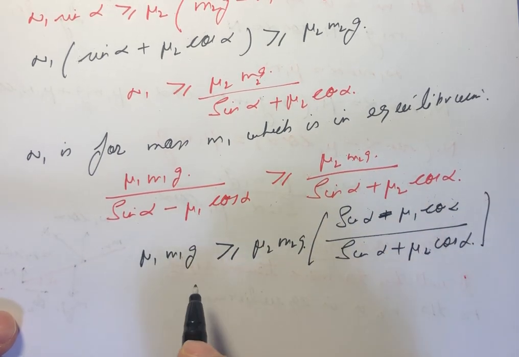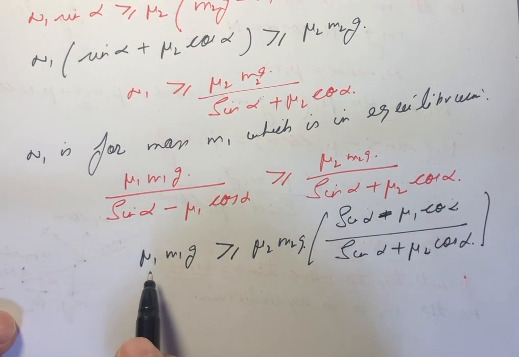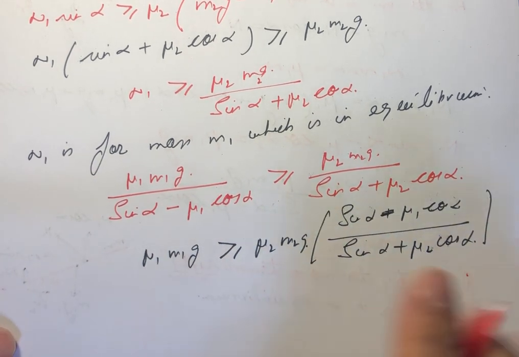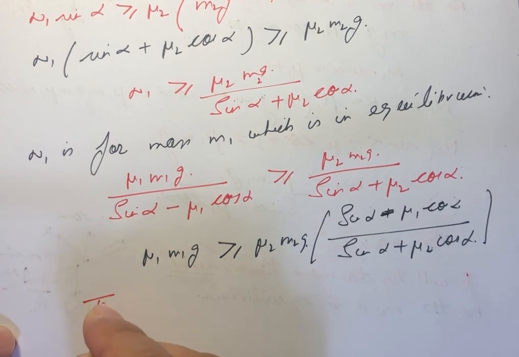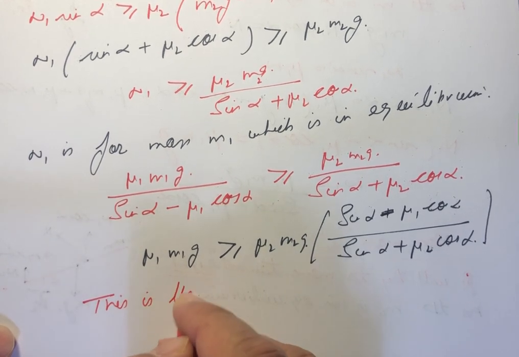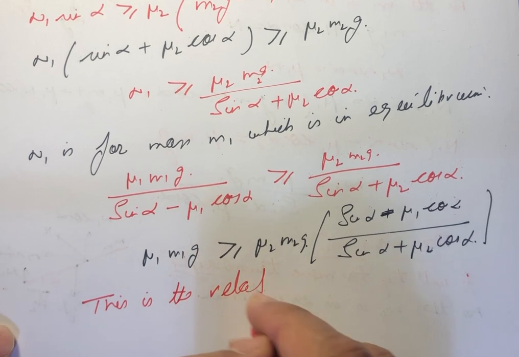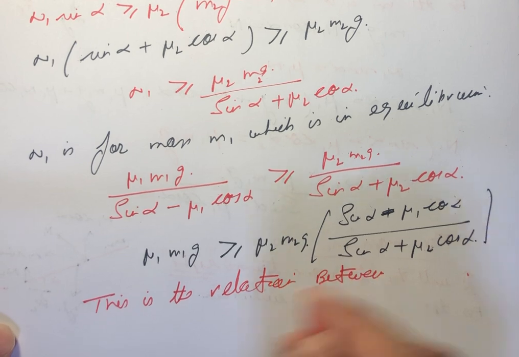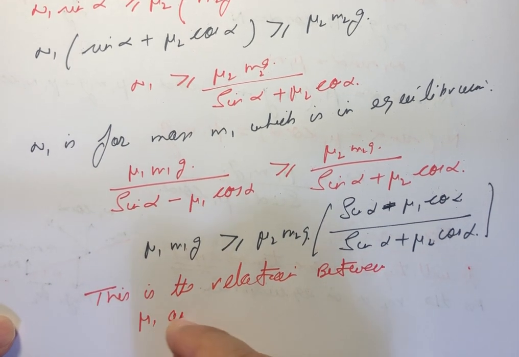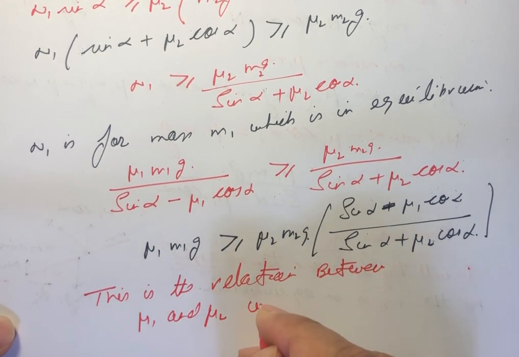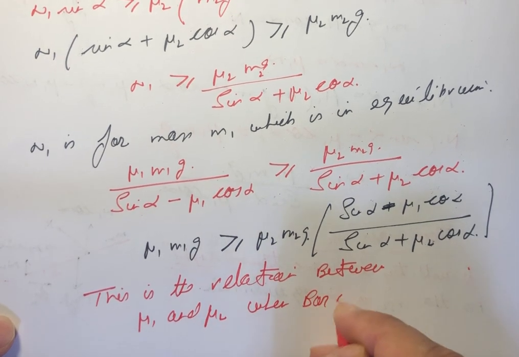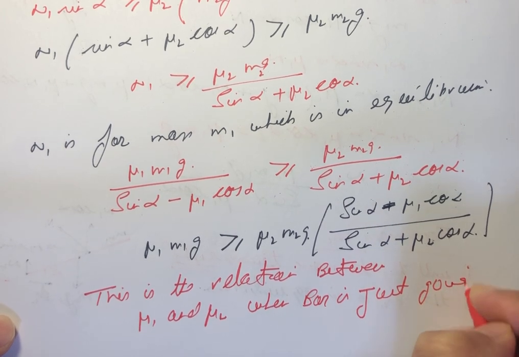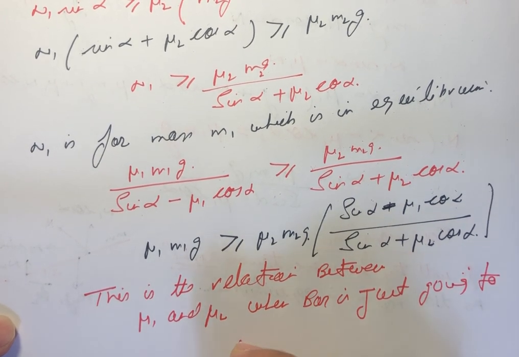So this is our relationship between mu1 and mu2 when the bar is just going to slide.